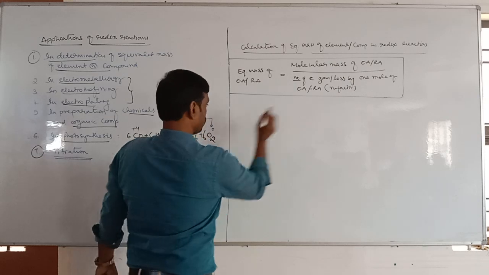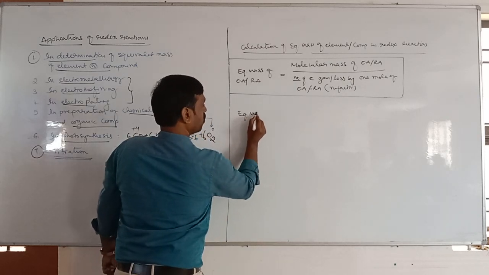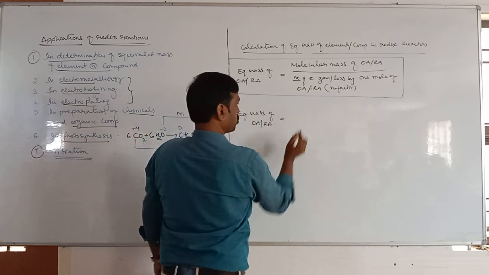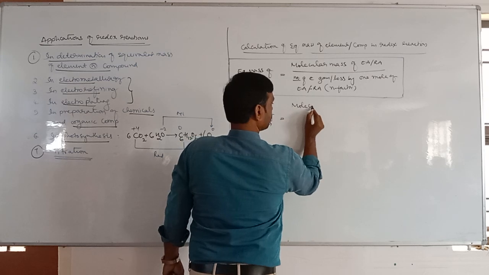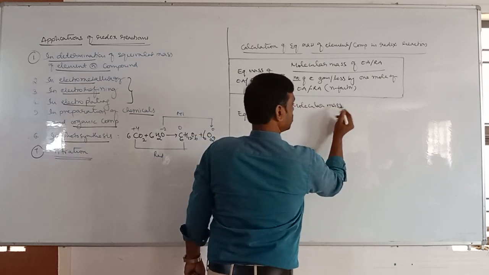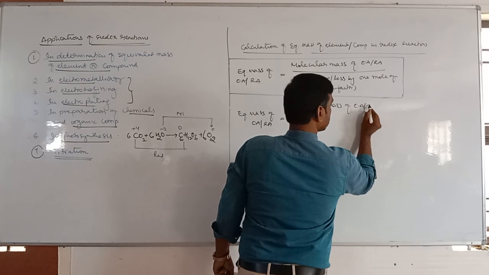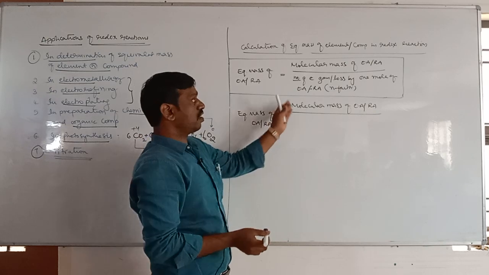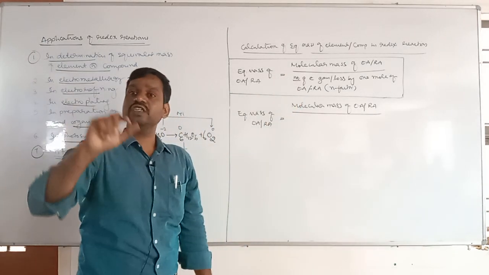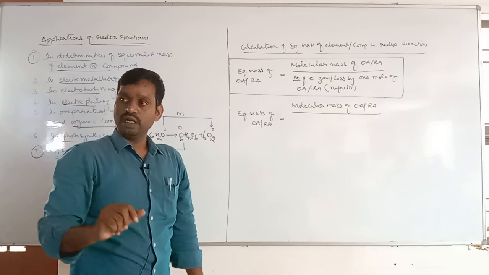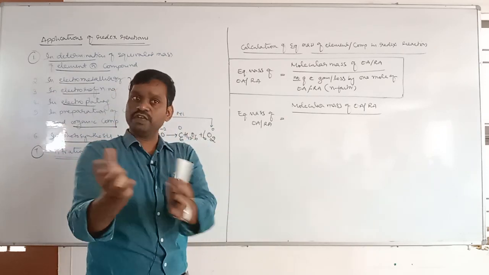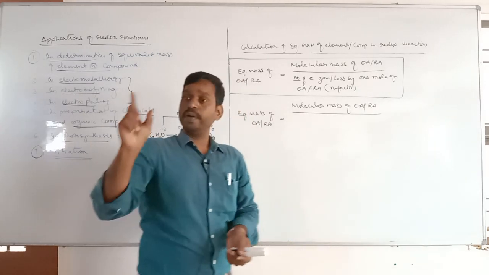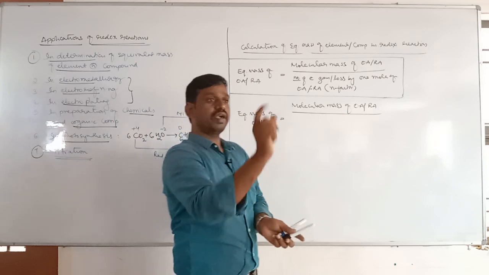Even you can write another equation also. Equivalent mass of an oxidizing or reducing agent is equal to the molecular mass of the oxidizing or reducing agent divided by, in place of the number of electrons lost or gained, you can take the change in oxidation number. Listen, the number of electrons lost or gained is equal to the change in oxidation number per mole of oxidizing or reducing agent.